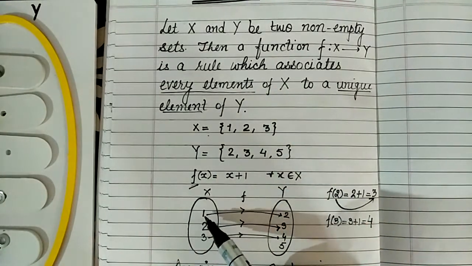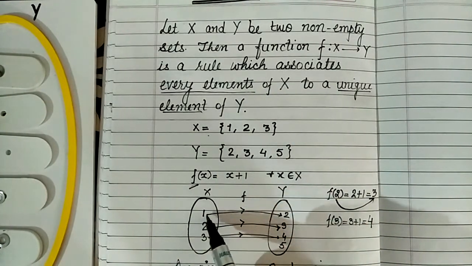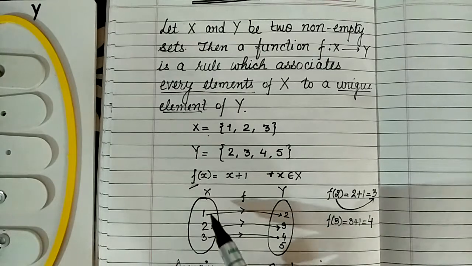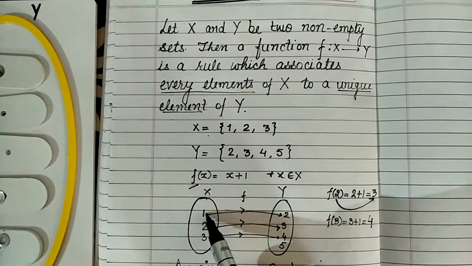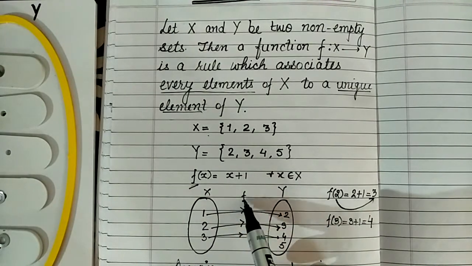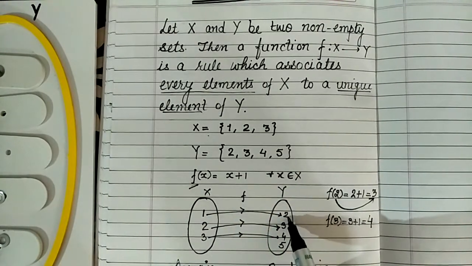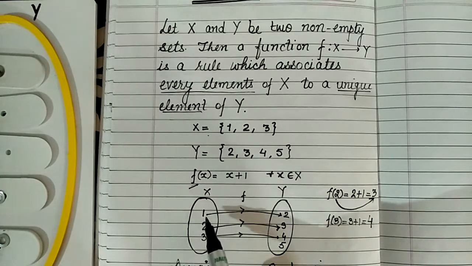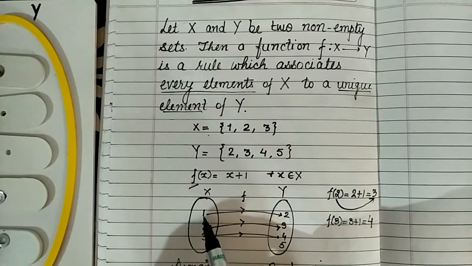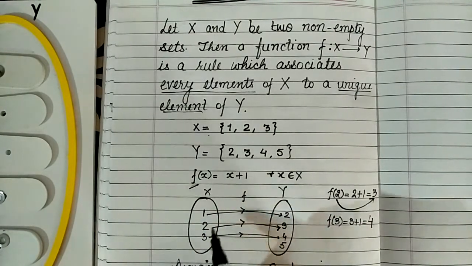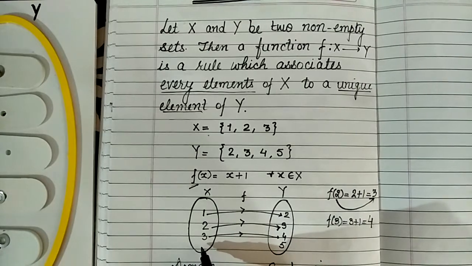So these are the elements of set x. 1 is associated with 2, 2 is associated with 3, 3 is associated with 4. Means every element is associated via this rule to a unique element of y. Means 1 is associated with only 2, not associated with any other element. Means association is unique and no other element is left here.